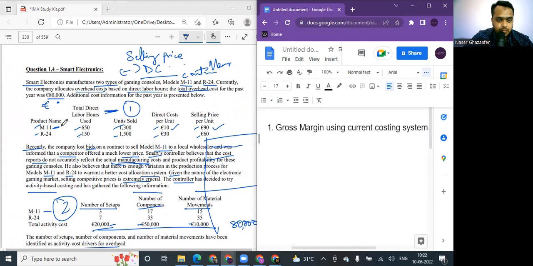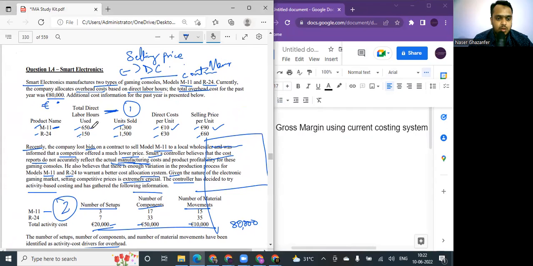So the total hours used are 650 and 150. So total direct labor hours is 800 labor hours, and 80,000 is my overhead cost according to this.